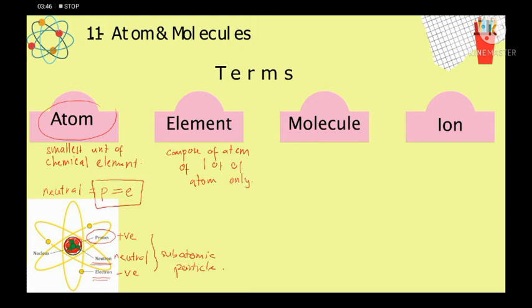For example, if you still remember, this is your periodic table. Inside the periodic table, we have elements. For example, we have Na, Mg, He, H. All these things we call elements.